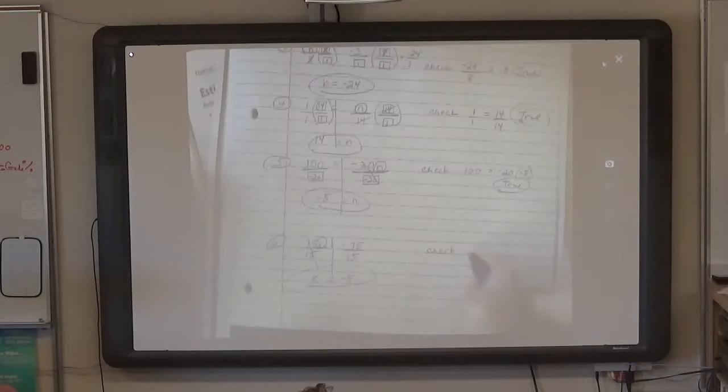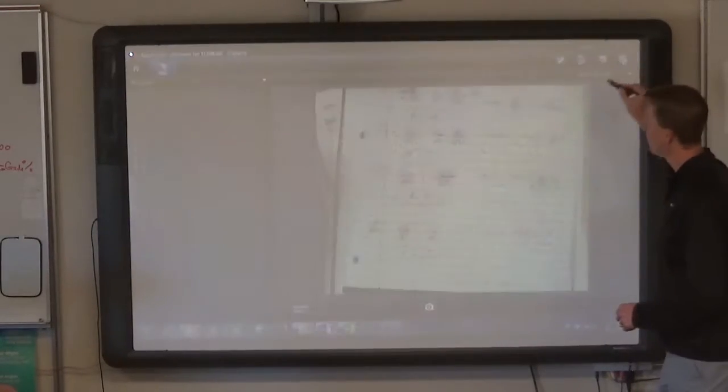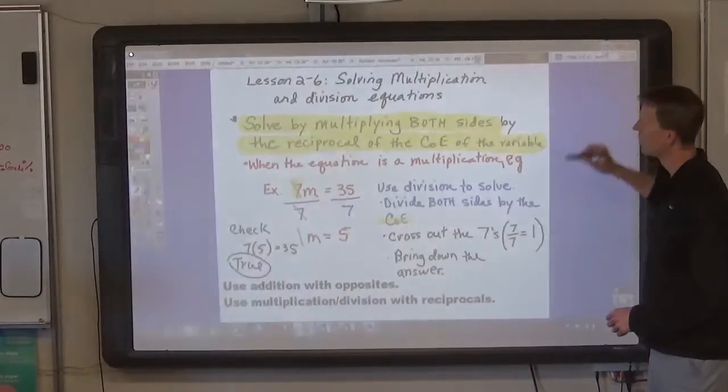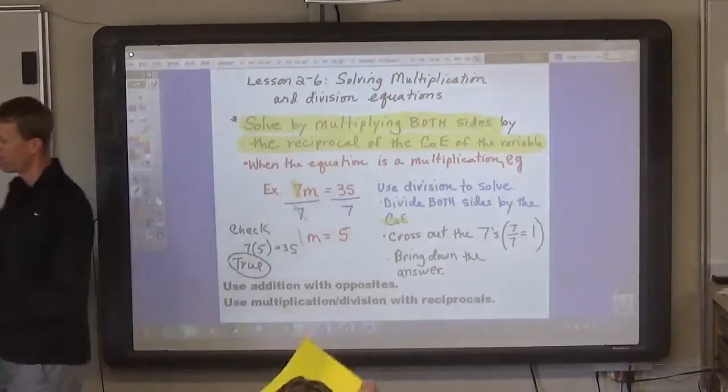Let's check it. 15 times negative 5 equals negative 75. Yep. Any questions on this process? Again, we're learning to follow a procedure, a process in order to solve.